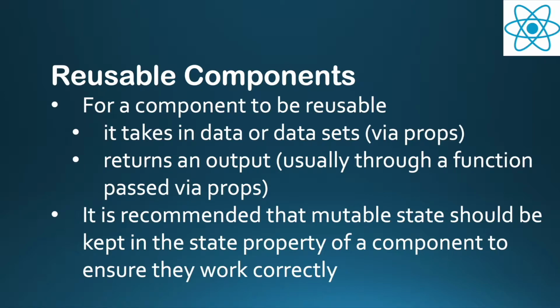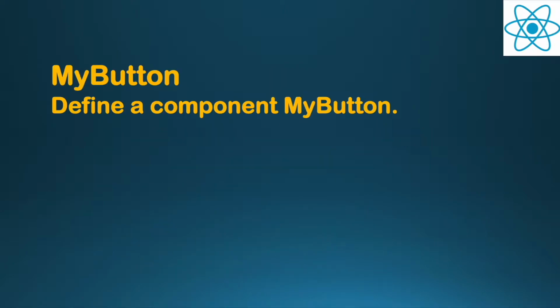So anything internal to that component which is changing as a state, we keep inside that component. Whatever input we want to get, we get it through props, and whatever output we want to send out, we send it through props. So let us look at a couple of examples, and as we start doing that, these aspects will become clearer.